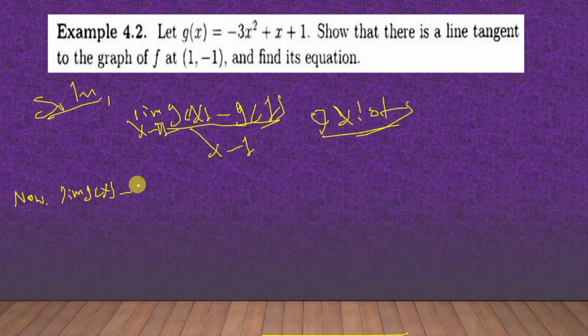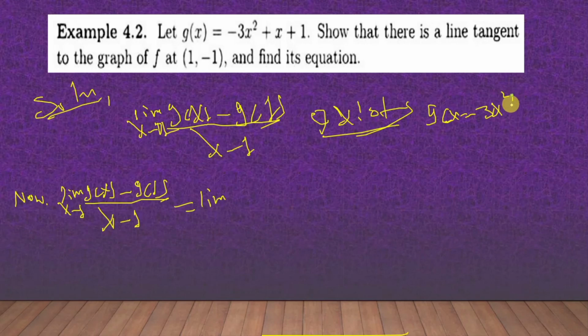as x approaches 1 of g of x minus g of 1 divided by x minus 1. Here the value of g of x is given by minus 3x squared plus x plus 1.